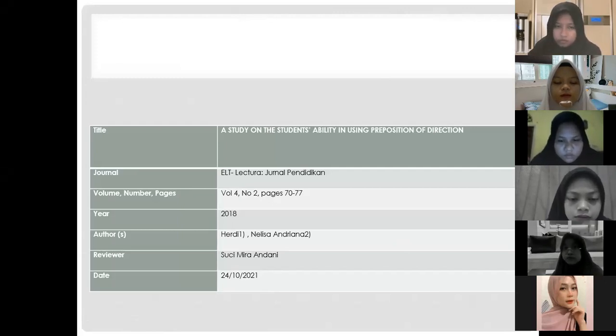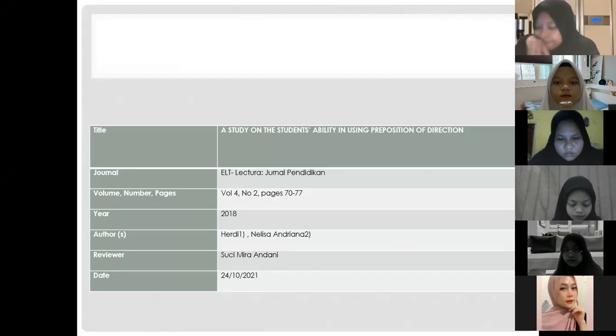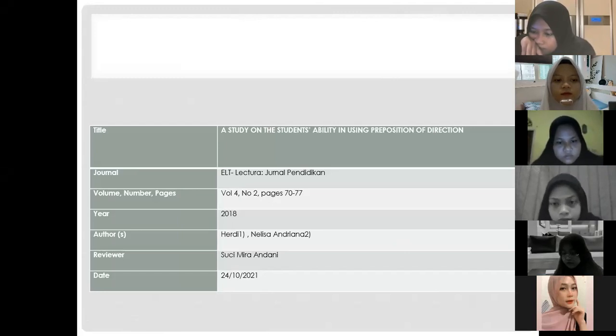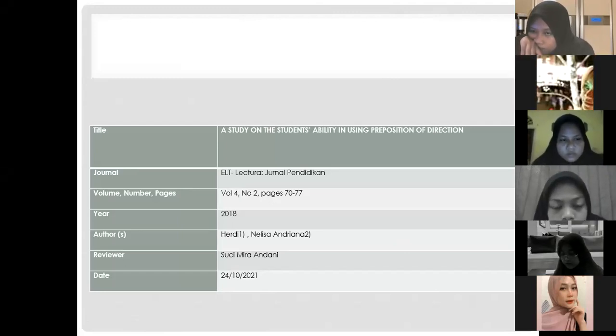So the title of the journal is A Study on the Students' Ability in Using Preposition of Direction from the journal ILT Lectura Jurnal Pendidikan, volume 4, number 2, and pages 70 to 77.